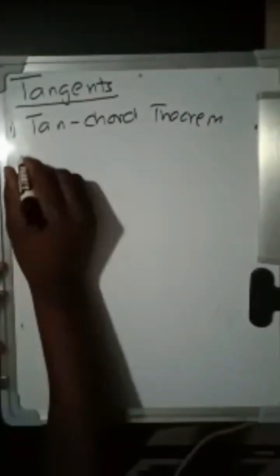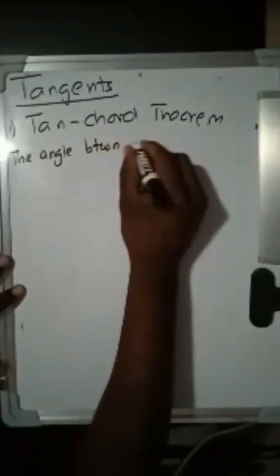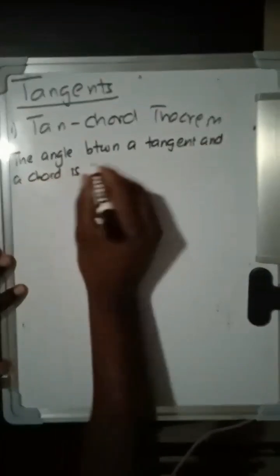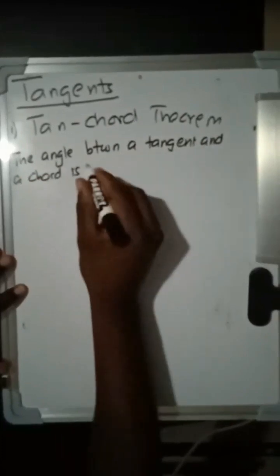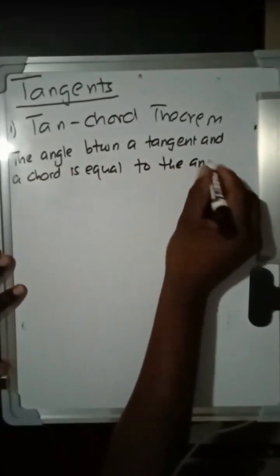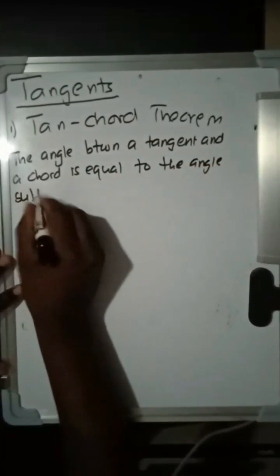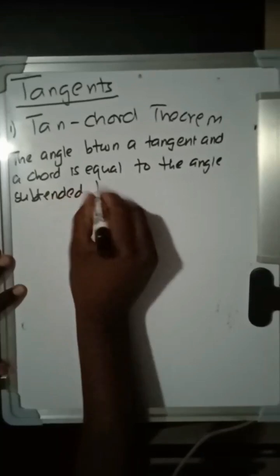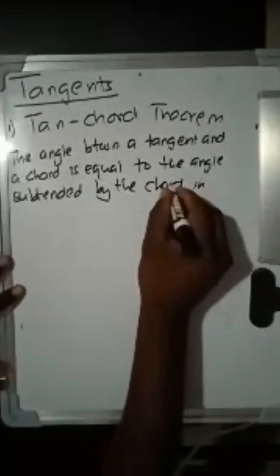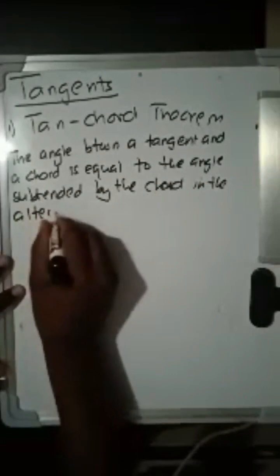which says, I'm going to be patient writing this because this is important, the angle between a tangent and a chord is equal to the angle subtended, or supported, by the chord in the alternate segment.